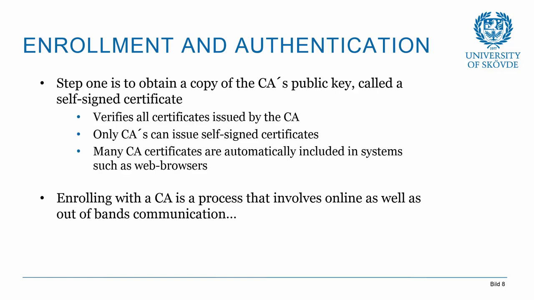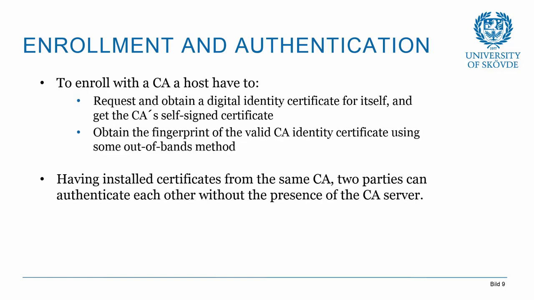Enrolling with a CA is a process that involves online as well as out-of-band communication. To do this, a host will have to request and obtain the digital identity certificate for itself, and then get the CA's self-signed certificate. Then it has to obtain the fingerprint of the valid CA identity certificate using some out-of-band method, for instance a phone call.